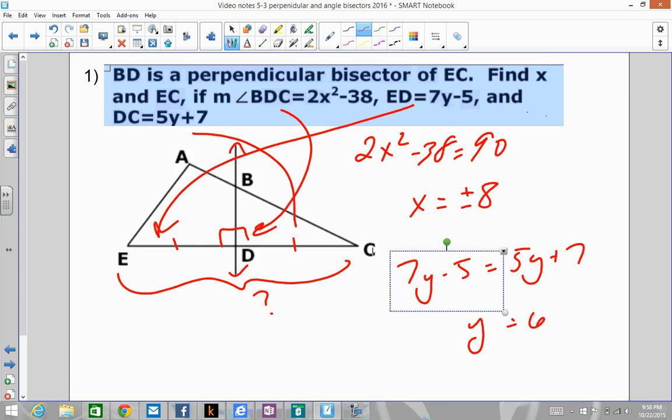And so when we finish solving this problem, we get that EC is equal to 74. Yeah, 74. All right. And so there's your answers, and we can put units here after this. So make sure you have all your work that goes with solving those equations.